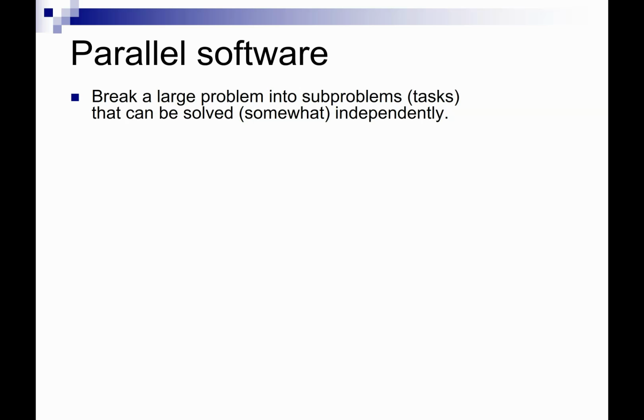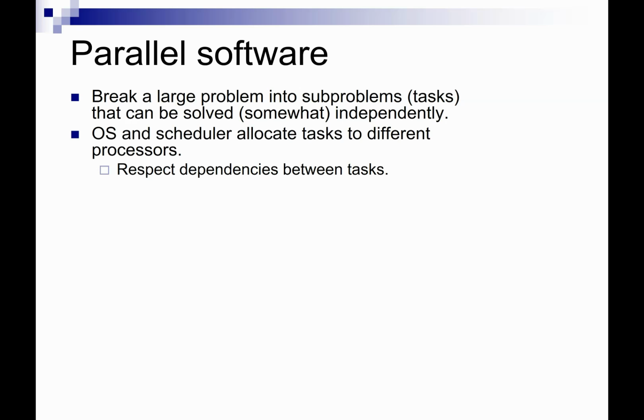If, on the other hand, all of these problems were dependent on each other, for example, if we have three problems, but you need to solve the first one before you solve the second one, and the second one before you solve the third one, then there's no way we can achieve parallelism, because the only thing we can do is solve these problems one at a time. On the other hand, if the problems are independent, then we can assign multiple processors to solve all of these problems at the same time.